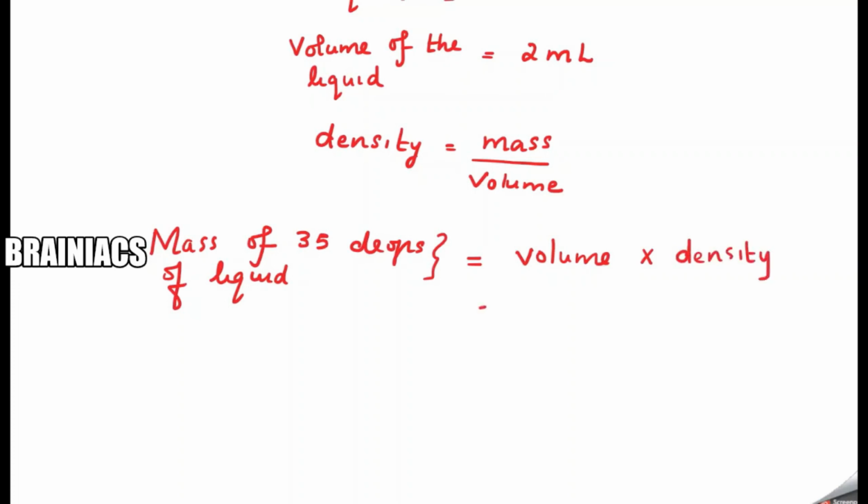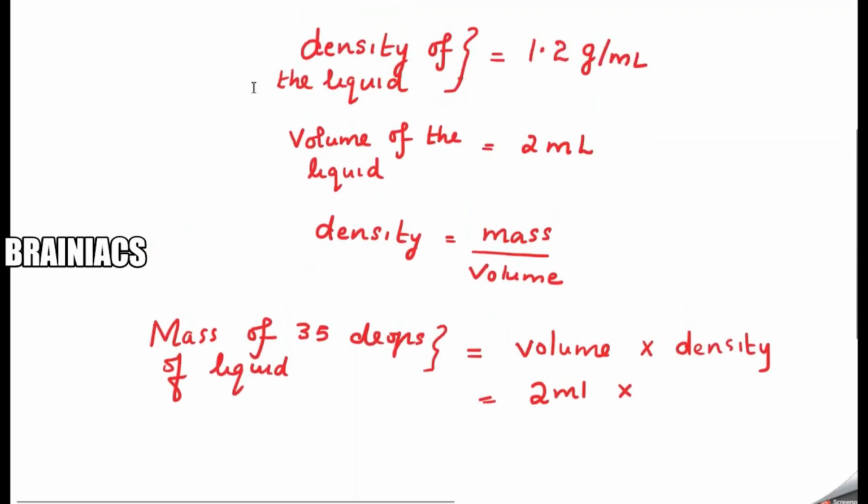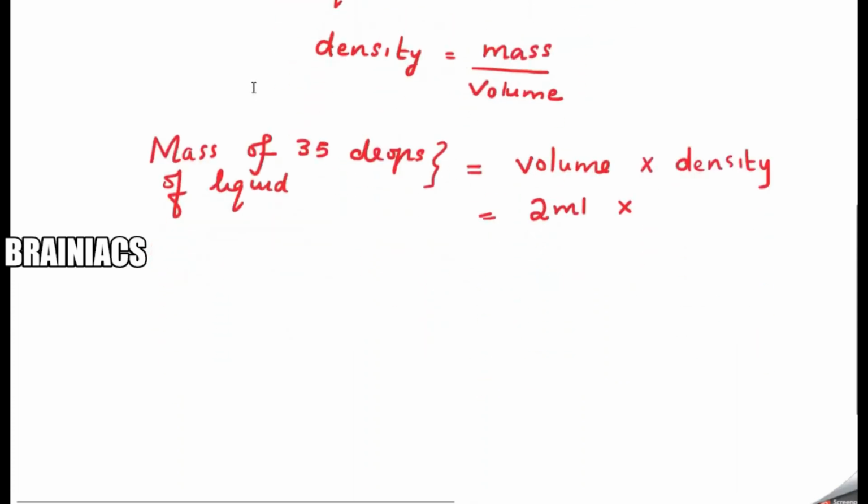Now what is the volume given? We know that volume is 2 ml. For 35 drops it is occupying a volume of 2 ml, and the density of the liquid remains constant, given as 1.2 gram per ml. So I can substitute 1.2 gram per ml for density. Now ml and ml can be cancelled.